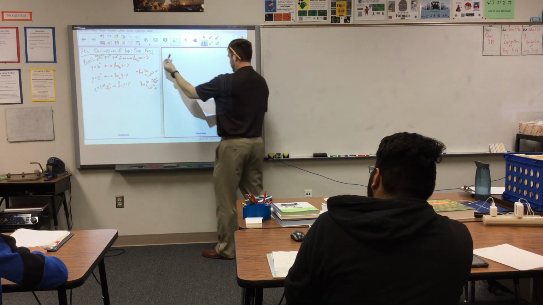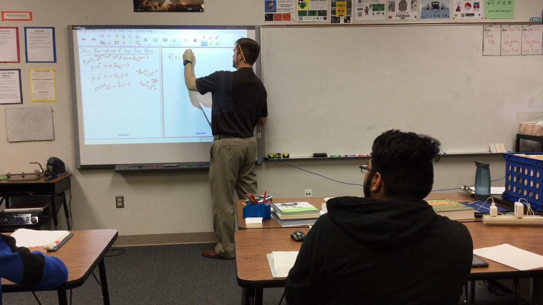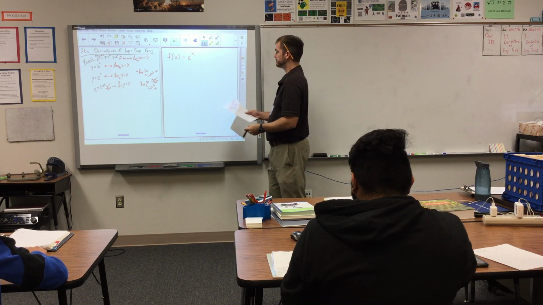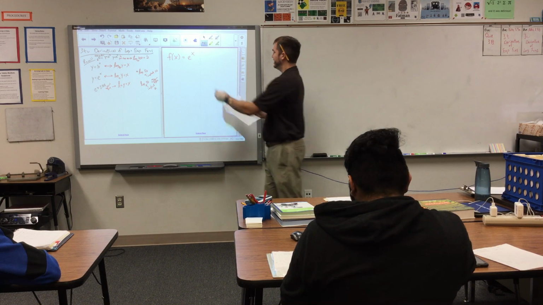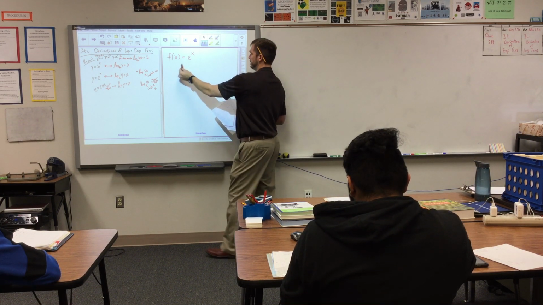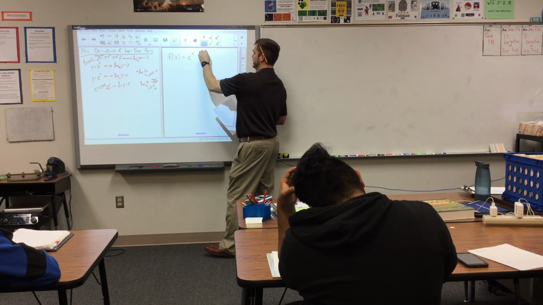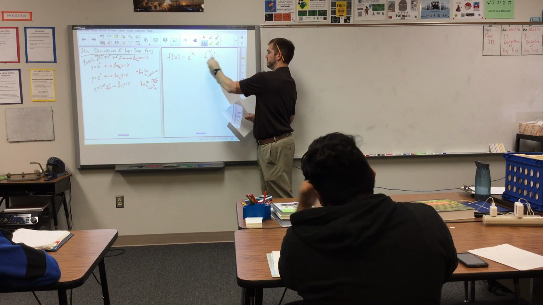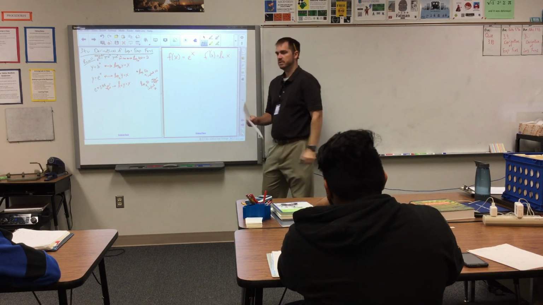So I'm going to write f of x equals e to the x. That's the definitive exponential function. And it is true that the inverse property of e to the x is natural log.